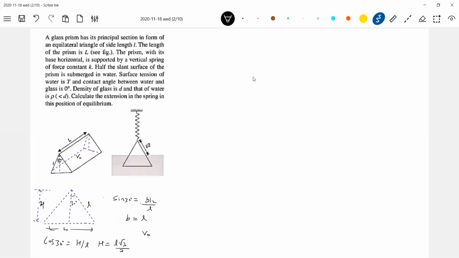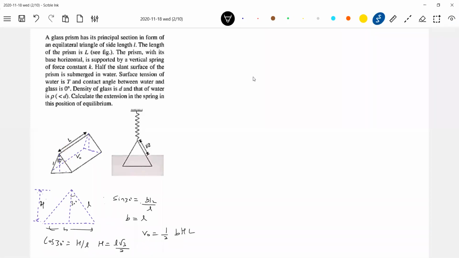So what is the volume of the prism? Volume of the prism will be half into B H into slant length. This is called the edge length, this is called the slant length.